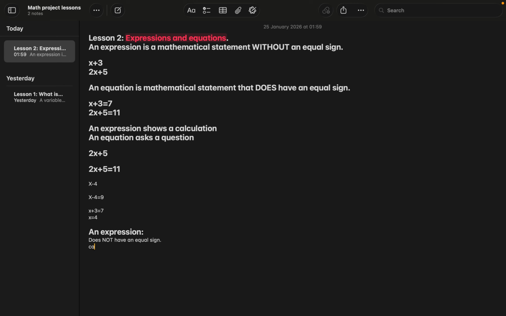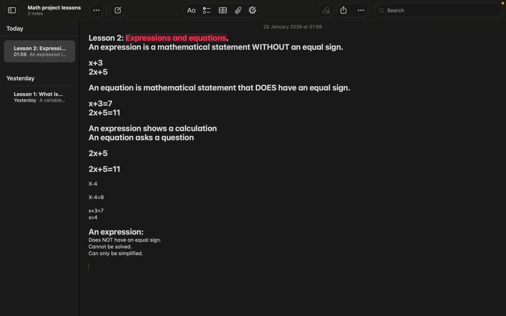It also cannot be solved. So it can only be simplified. It can only be simplified.